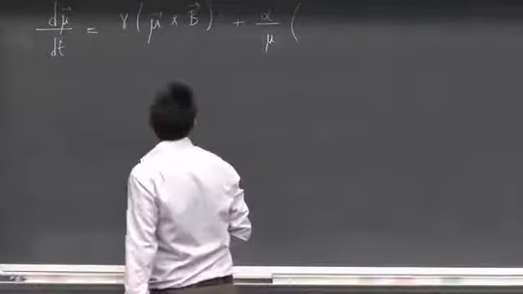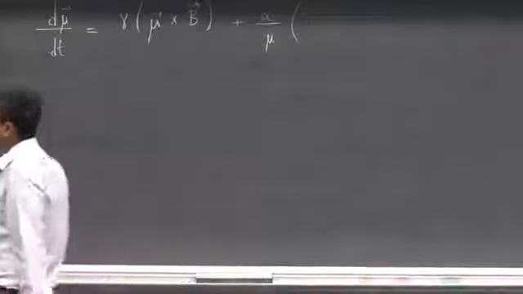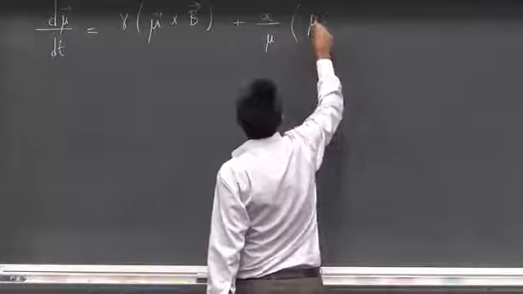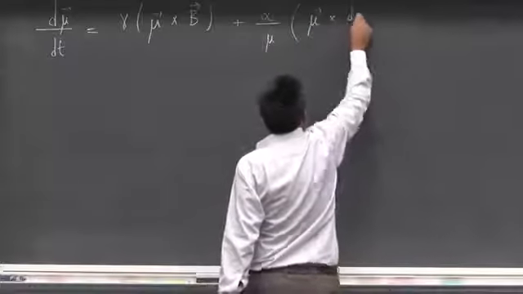Now the dissipative torque is given over there, mu crossed with d mu by dt.